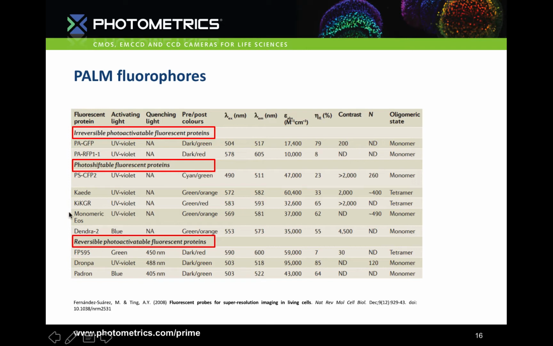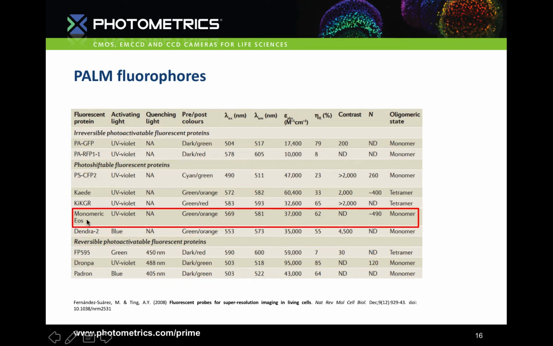If we take a closer look at a couple of them, the photoshiftable fluorescent protein monomeric EOS is activated by exposure to UV or blue light, which causes an irreversible spectral shift from a green state to an orange state. It's then excited at 569 nanometers to fluoresce at 581. The fluorophore is then left to bleach.